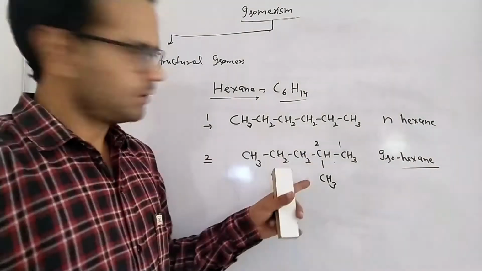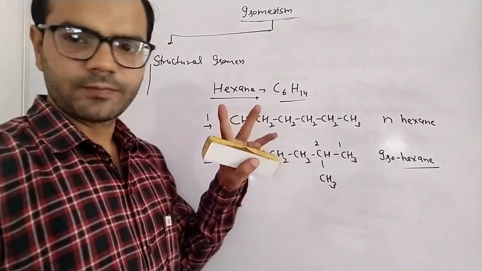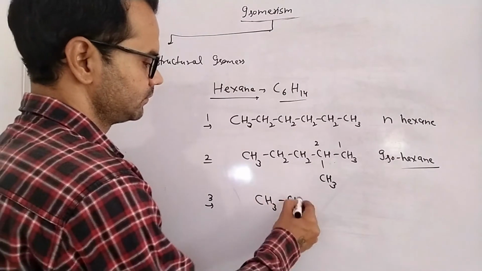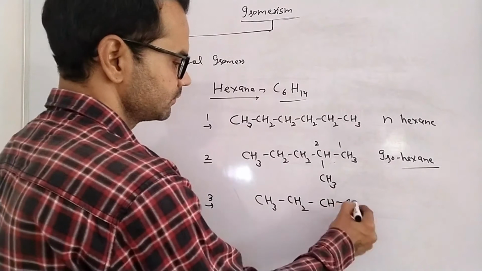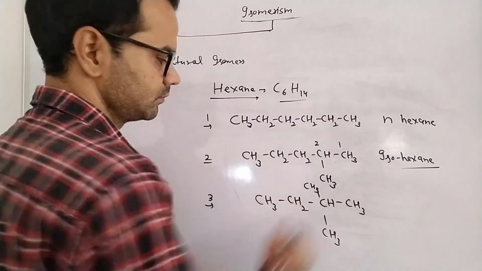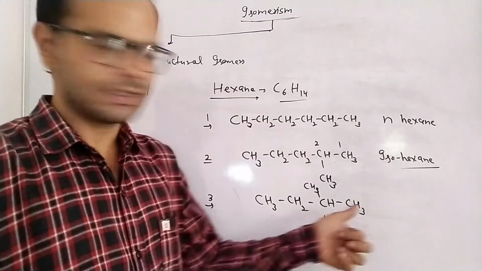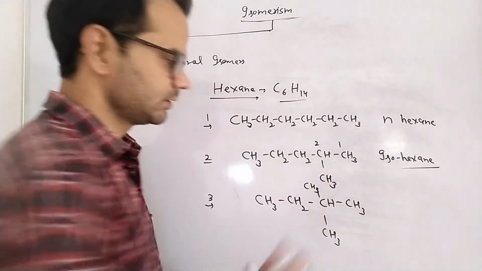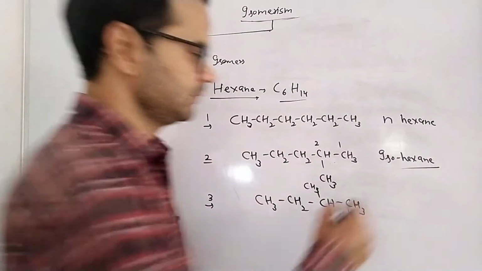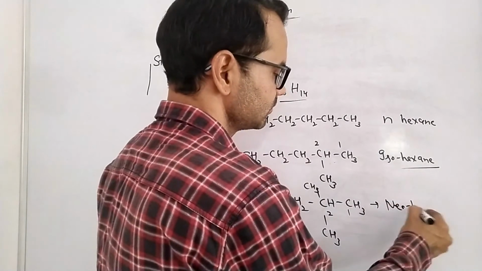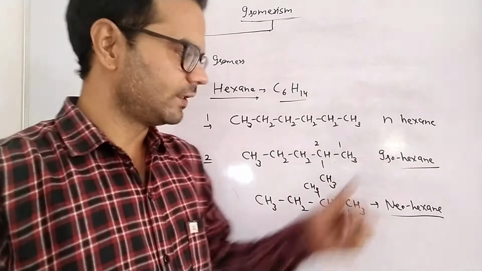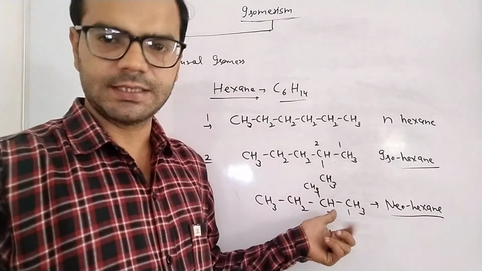Now the third isomer is also possible with 2 branches. Now we can say at the second carbon we have a double branch. At the second carbon we have 2 branches. Now it is called neohexane. So the word neo is used when there is a double branch at the second position.